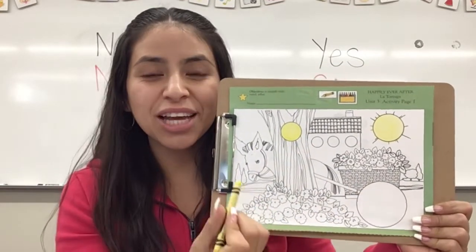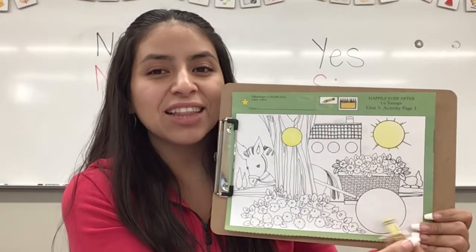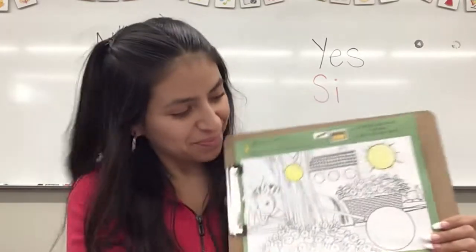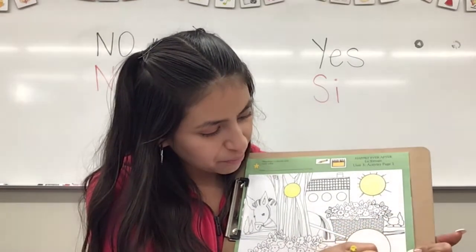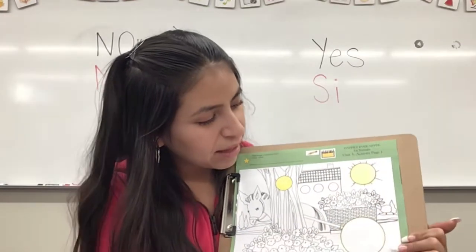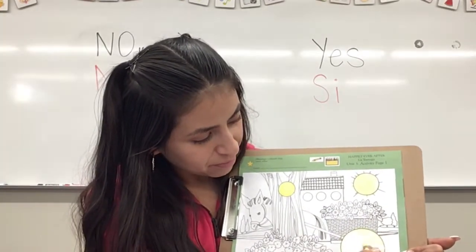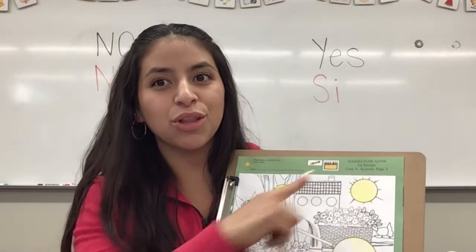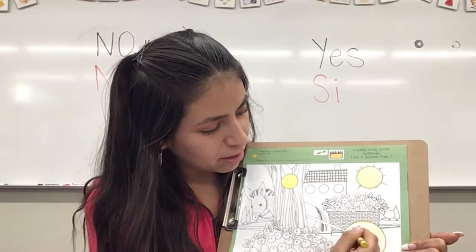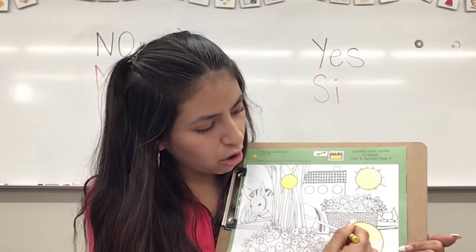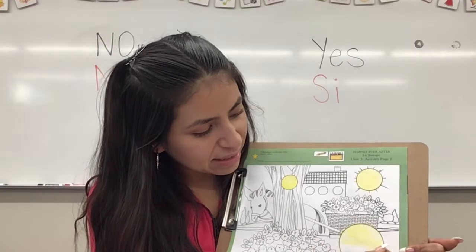Go ahead and use your yellow crayon, trace your circle, and then color inside the circle with yellow. So first, I'm going to trace my circle of the wheel, and now I'm going to color it in with my yellow crayon. This is a much bigger circle than the ones I just colored. Make sure you're holding your paper. Make sure you're coloring all of the white spots, and try to stay inside the lines.